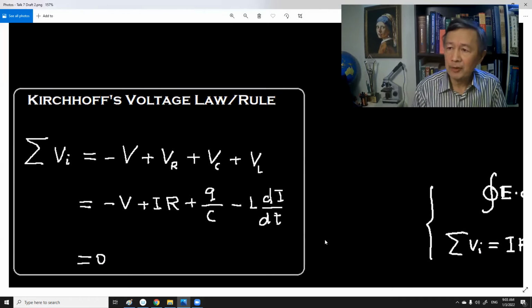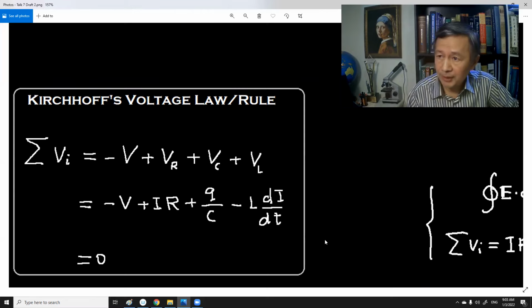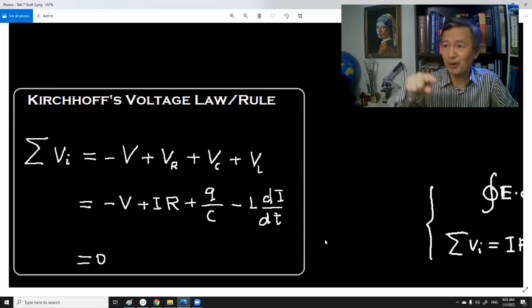Actually, Kirchhoff's voltage law is not really a law, it's actually a rule that follows from Ohm's law, or from the definition of the electric potential, because you cannot change the potential at a particular point in the circuit just because you count the voltage from a different direction.